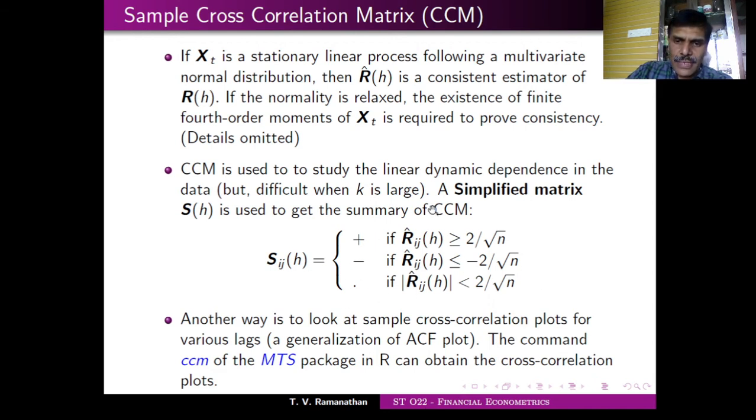And this is a kind of confidence interval. So what we are doing is constructing a matrix where the entries are significantly positive, significantly negative, and somewhat insignificant. So if I have more of this, it gives me some idea whether the cross correlations are significant or not. That's what is called a simplified matrix, used to summarize the CCM.